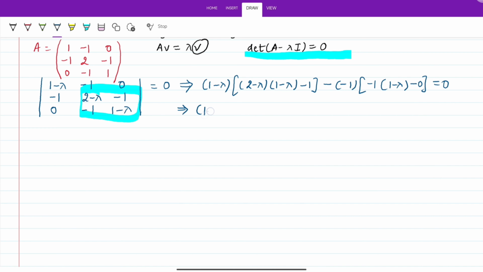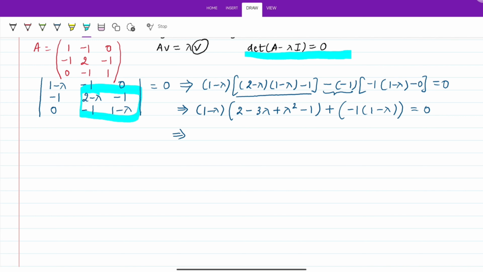Further, simplifying this section, we get 2 minus 3 lambda plus lambda square minus 1 over here. This is plus minus 1 minus lambda is equal to 0.